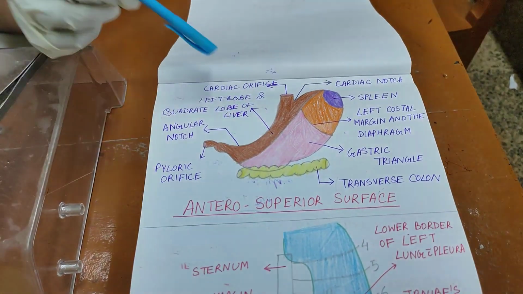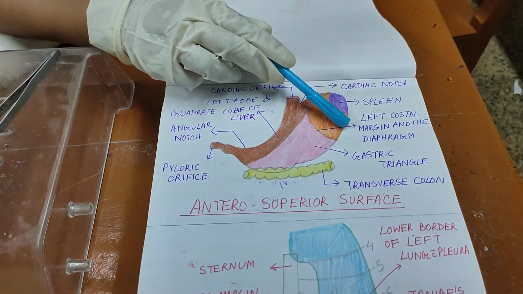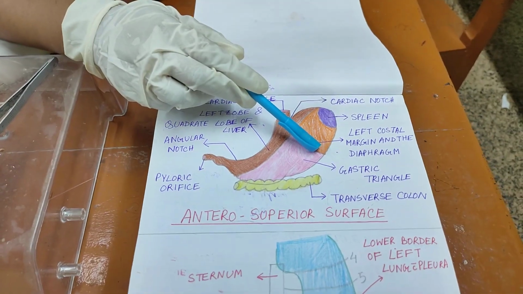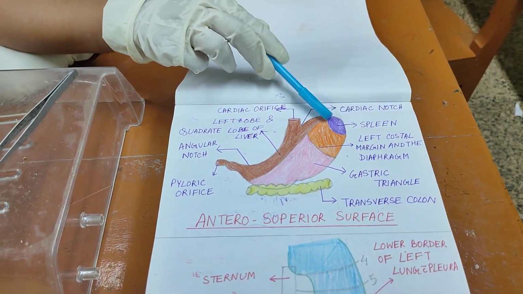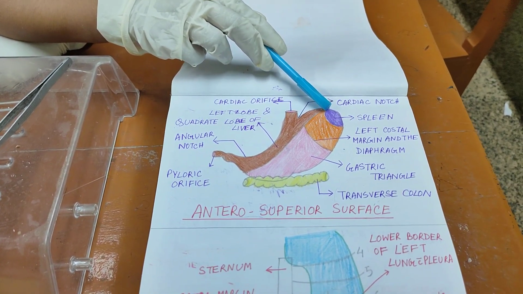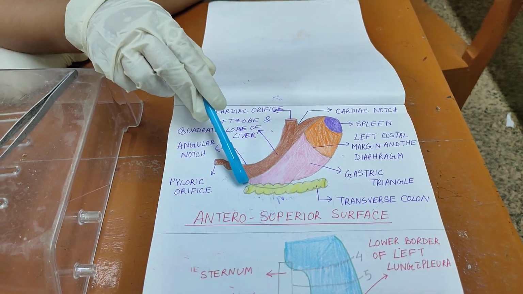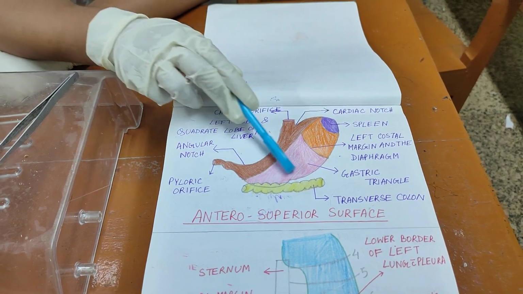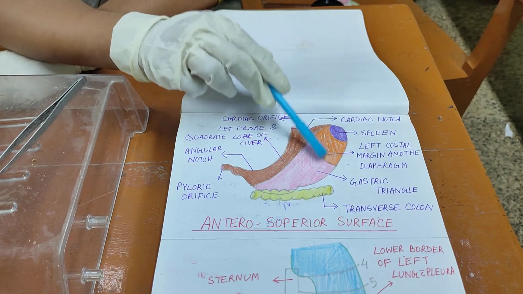Coming to the left part, the left upper part is related to the left costal margin and the diaphragm. Sometimes the spleen intervenes between the fundus of the stomach and the diaphragm. The left lower part is related to the transverse colon, and in between them there is an intervening triangular part, which is known as the gastric triangle.